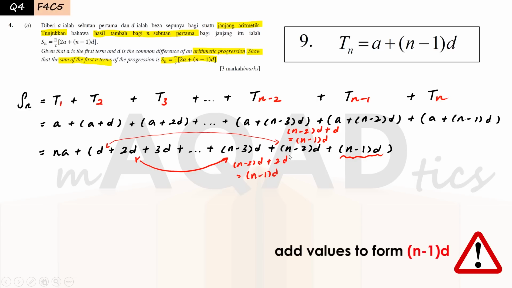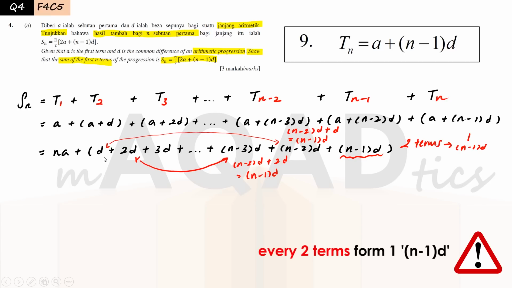I am going to do it for the rest of the values here. In summary, all of these values, every two terms, will form one n minus 1 times d.